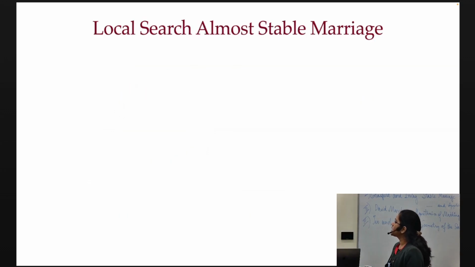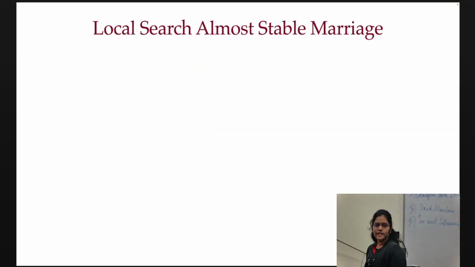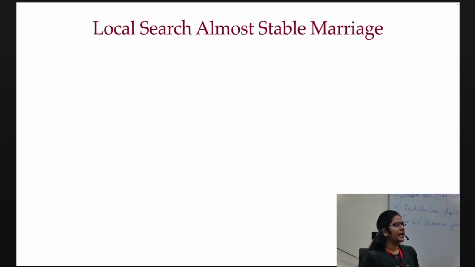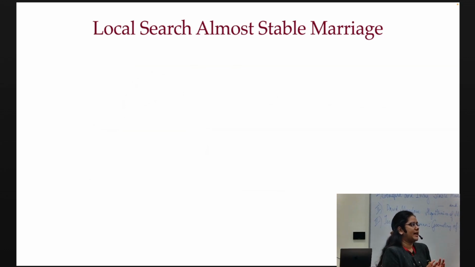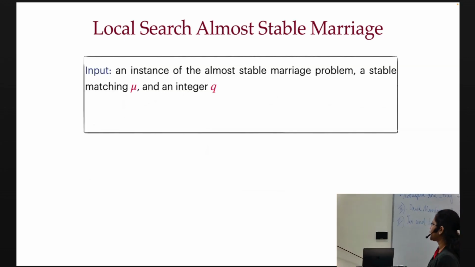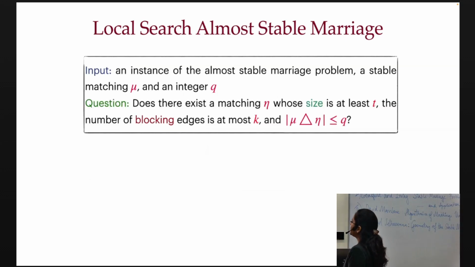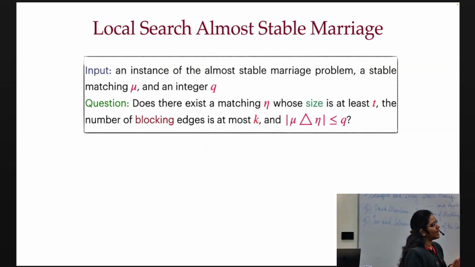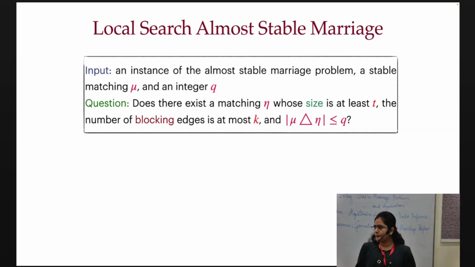This is called the setting of local search, because we are not searching anywhere, we are just searching in the vicinity of a stable matching. So this is local. Now this is our question: does there exist a matching eta whose size is at least t, the number of blocking edges is at most k, and the symmetric difference is at most some q?